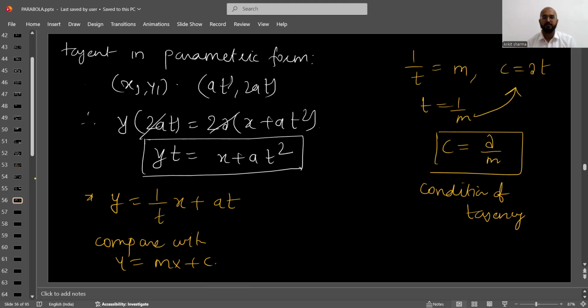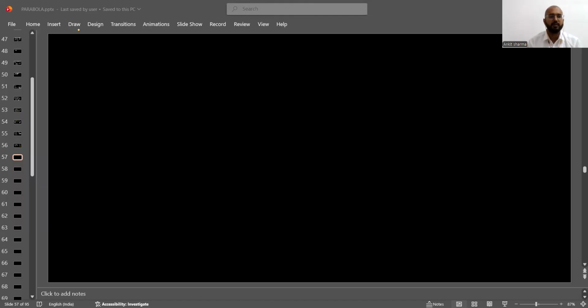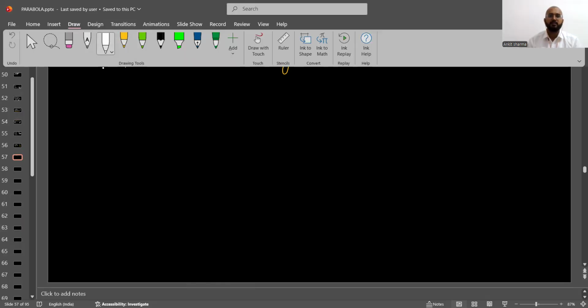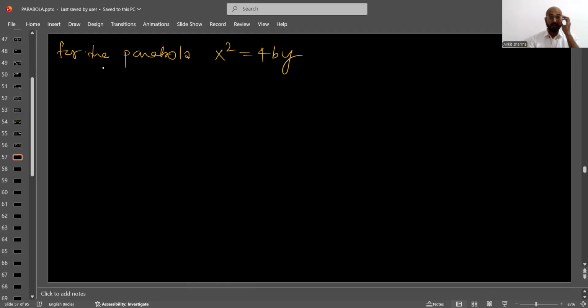Now moving further. For the parabola x square is equal to 4by, now we're going to have the tangent for this. And the same story would continue. So instead of deriving that long proof, we'll simply go for the equation of tangent to the parabola, and from this we'll get the condition of tangency.